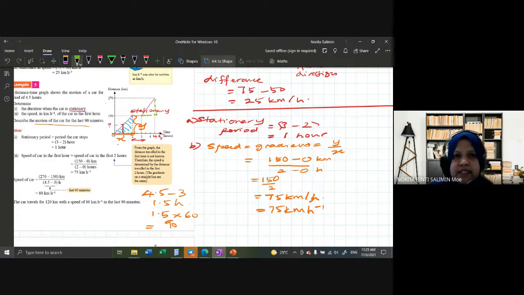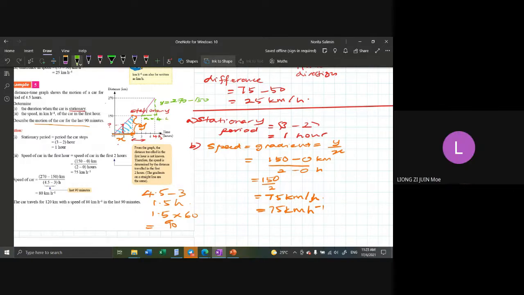What is the value for y? That means y is 270 minus 150. And what is the value for x? The green x is 4.5 minus 3.